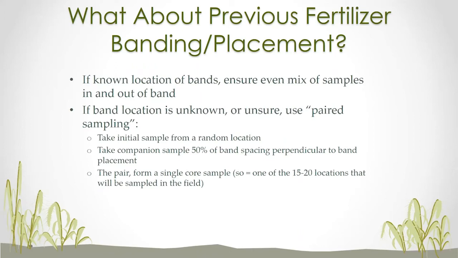In the case of banding, we've talked a little bit about the nuances with respect to that type of patterning in the field. This kind of sampling with banding placement of fertilizer and other chemicals would also be appropriate in a situation where we have drip irrigation or furrow irrigation or other things, where we can introduce a very specific pattern of accumulation of salts, for instance, in the shoulders of the beds, or differences in leaching that might have taken place below a furrow compared to in the middle of the bed, and those kinds of things.